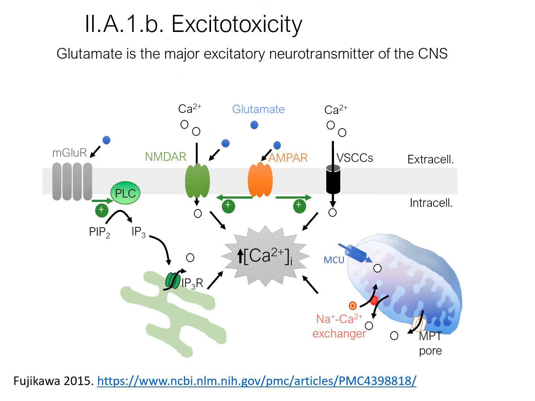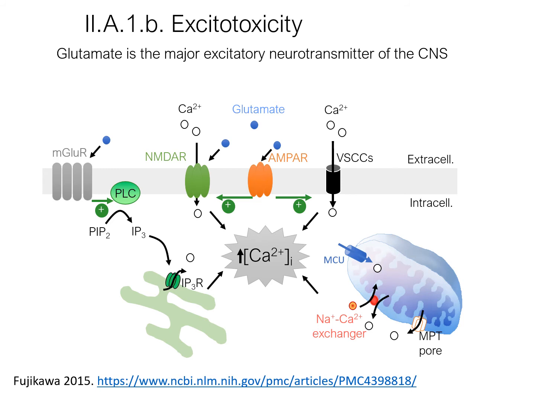So now let's talk about this very specific programmed necrotic pathway. As you know, glutamate is the major excitatory neurotransmitter of the central nervous system. And we've seen in previous classes how glutamate interacts with and activates different types of receptors, ionotropic receptors such as NMDA receptors or AMPA receptors, and also metabotropic receptors.